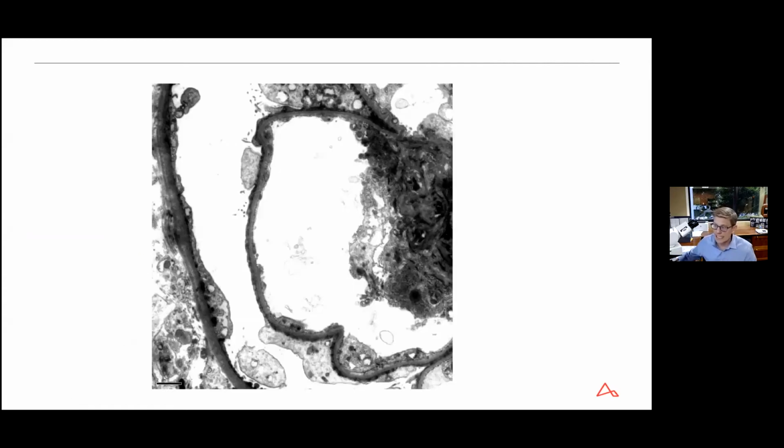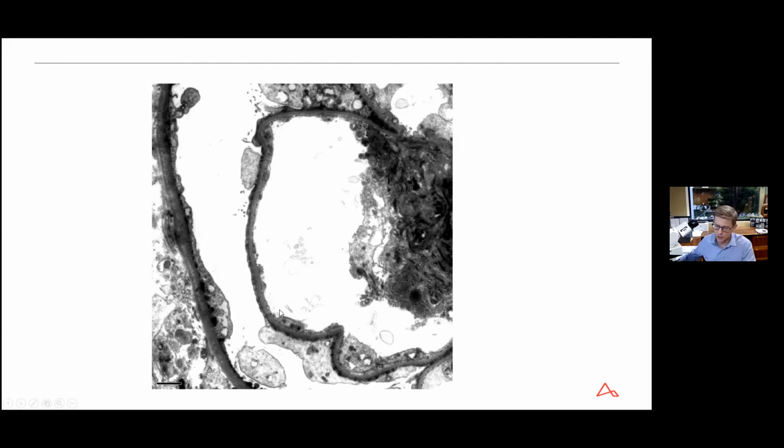Here's a completely different disease. We have a glomerular basement membrane here. Oops, let me go back. Here's the mesangium. And you see here that the foot processes along the outside of the basement membrane are completely eliminated. And we just see one continuous layer of cytoplasm along the outside.